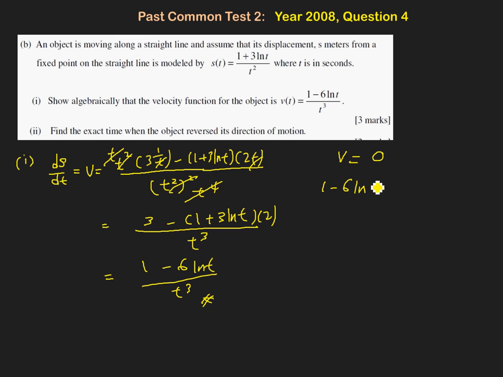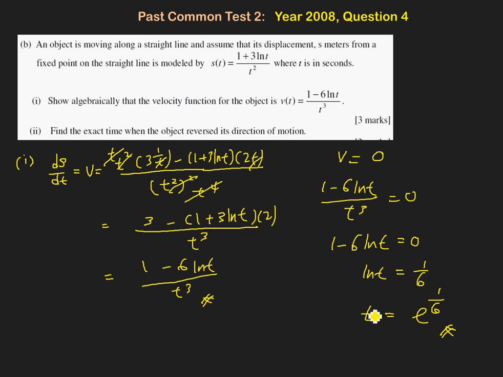So we're going to solve this equation, and of course the denominator can't be 0, so the focus will be on the numerator being 0. And be careful, this is the exact time, so you cannot use a calculator in this question. So this is what is required: e to the power 1/6.